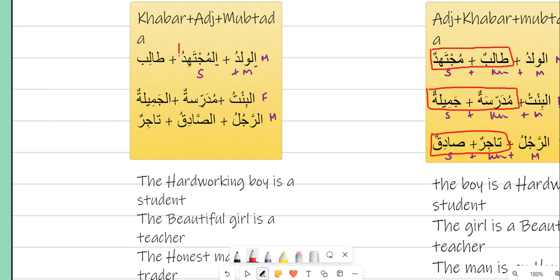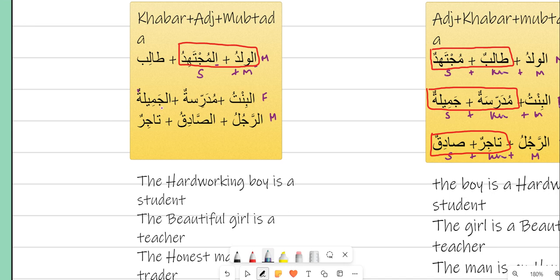Now we go on to the next example that I really wanted to show you, which is al-bintu mudarrisatun al-jamilatu. There is a tanween here, but it's a typing mistake. Take it as a single dhamma here. Al-bintu mudarrisatun.